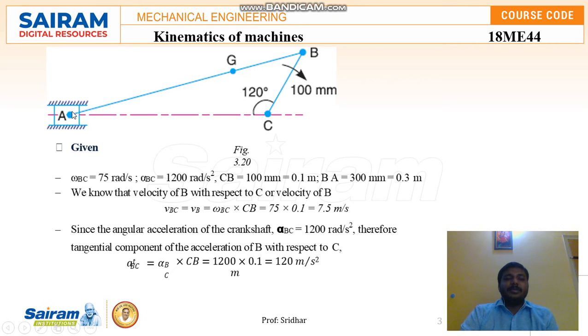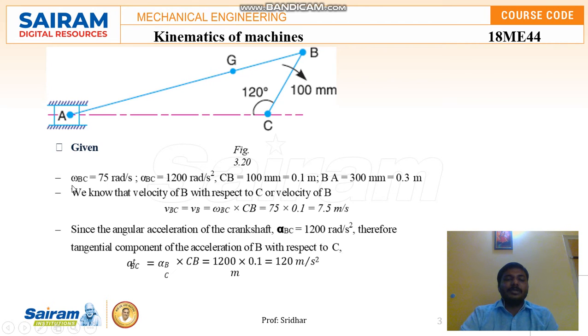Now by using this given data we need to find mainly the angular velocity and angular acceleration. First we know that the velocity of B with respect to C, vector BC, will be equal to omega BC into CB.